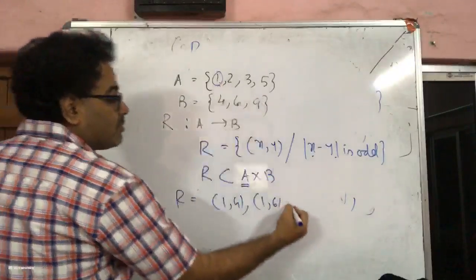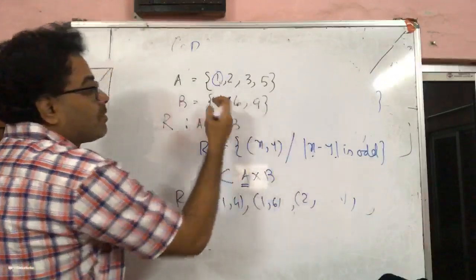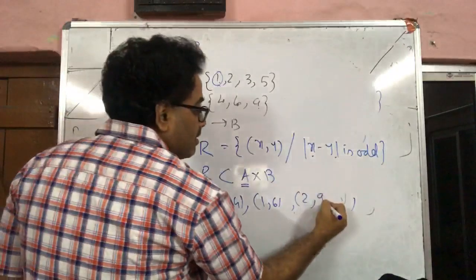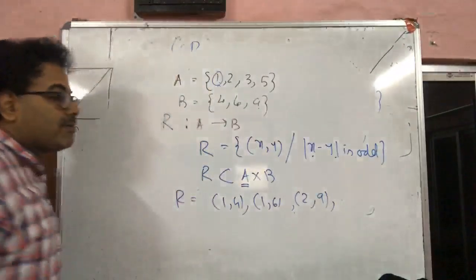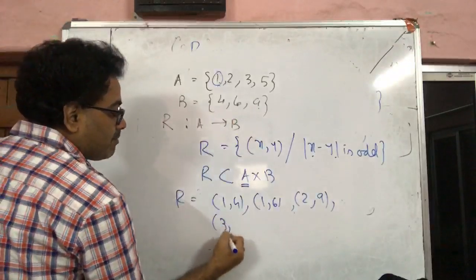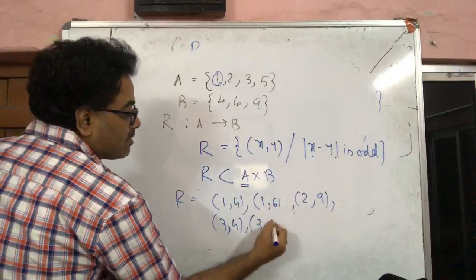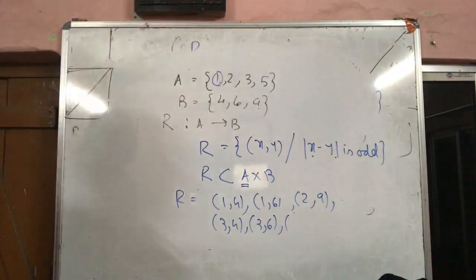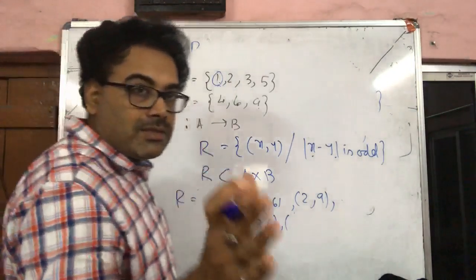Now start with 2. 2, 4. Not possible. 2, 6. Not possible. 2, 9 possible. Okay. Now 3, 4 possible. 3, 6 possible. 3, 9 not possible, because the difference of 3 and 9 is 6, which is even, not odd.